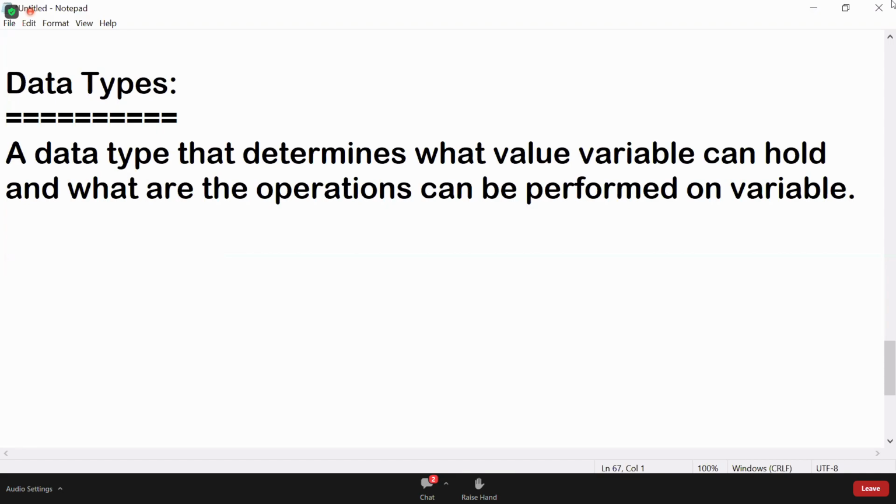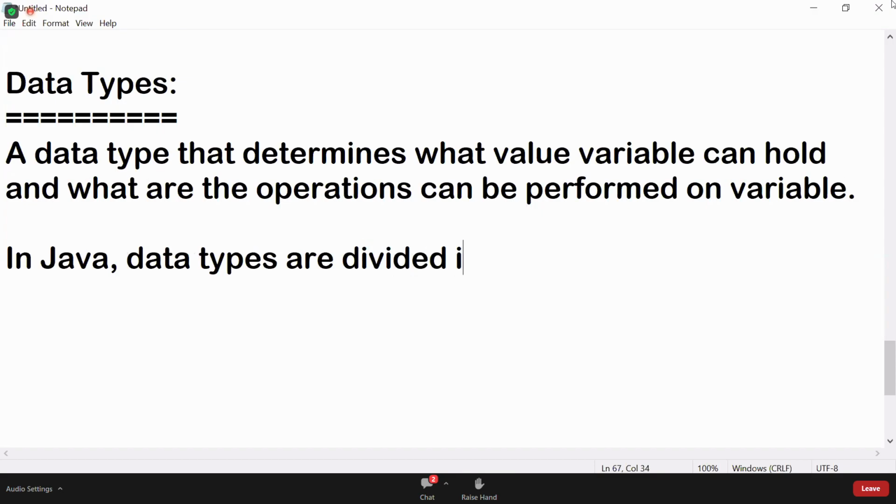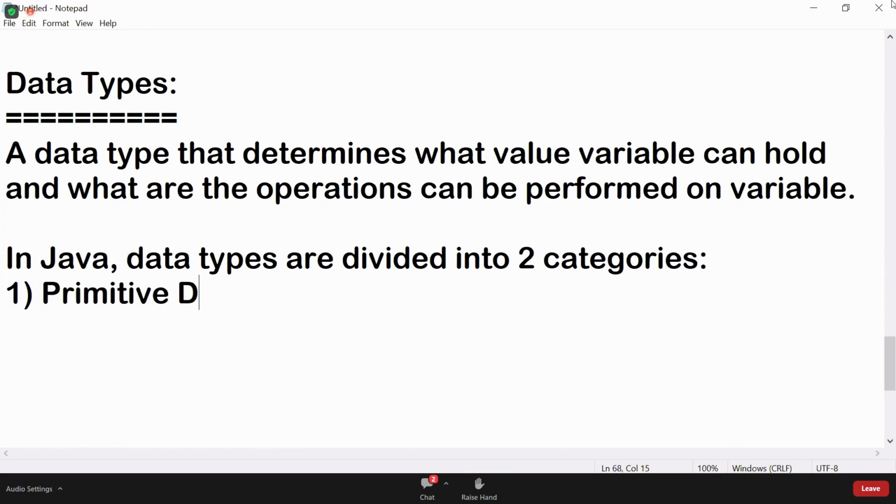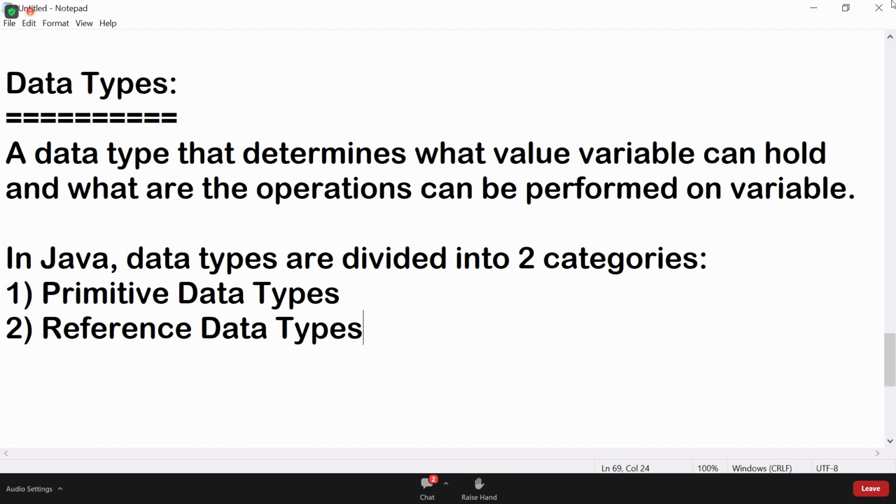Next, write it. In Java, data types are divided into two categories. First one, primitive data types.